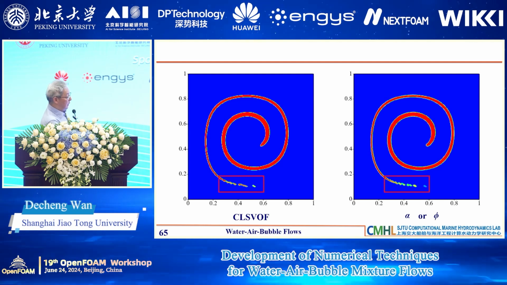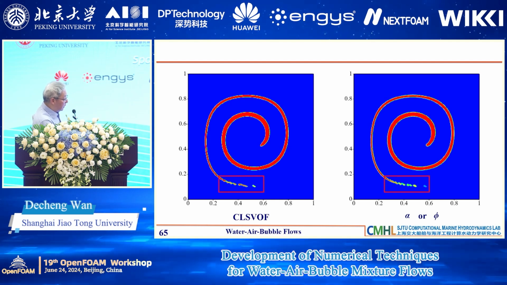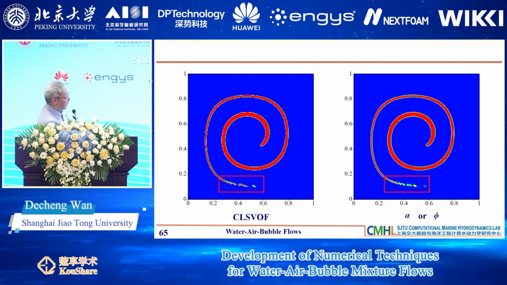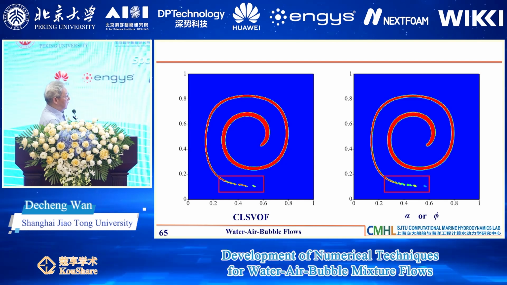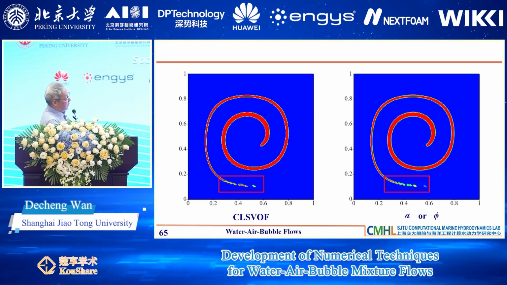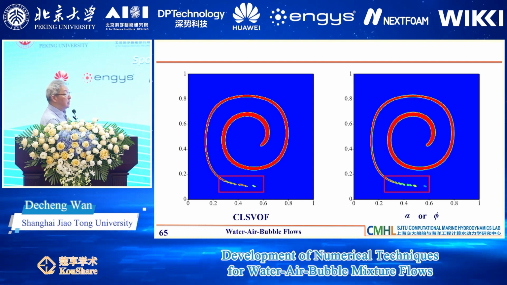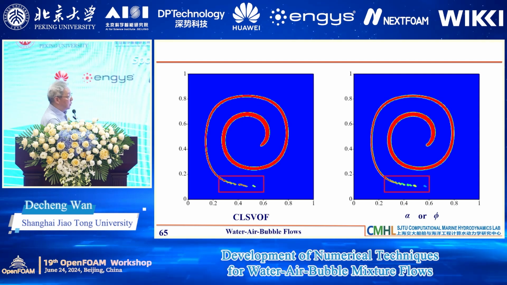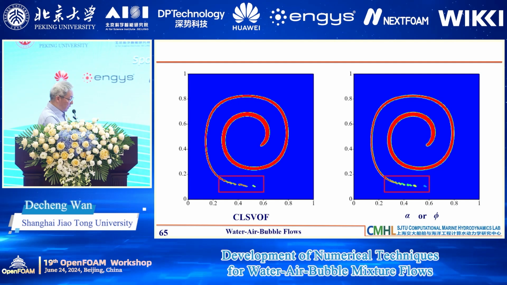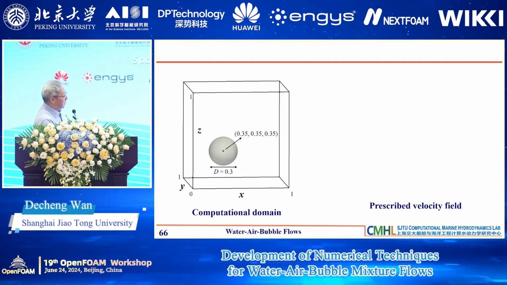A little bit weaker in this region. But if you use the coupled level set and VOF, we can get this final stage very clearly in the breaking of the water. So you can see that this is a little bit better compared to the VOF or level set. So coupling the level set and the VOF is much better.